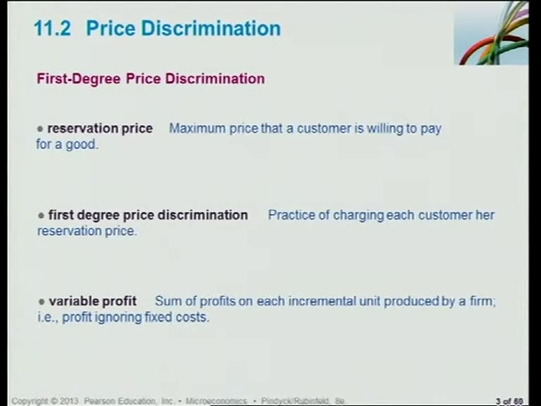We ignore fixed costs, so we only talk about variable profits. That is important, because you will see that if price discrimination is applied, then the variable profit of the firm will increase by capturing consumer surplus.